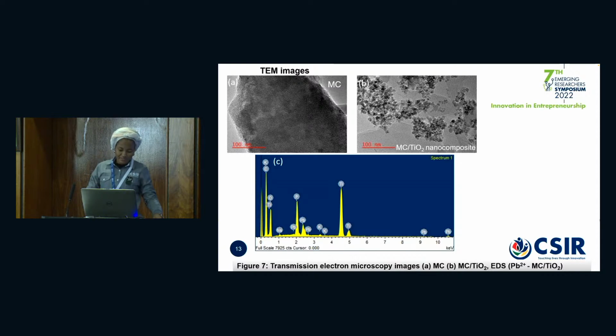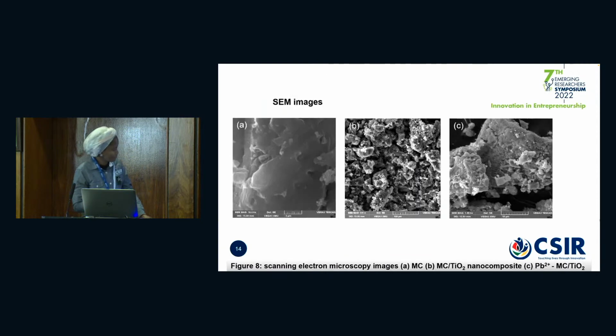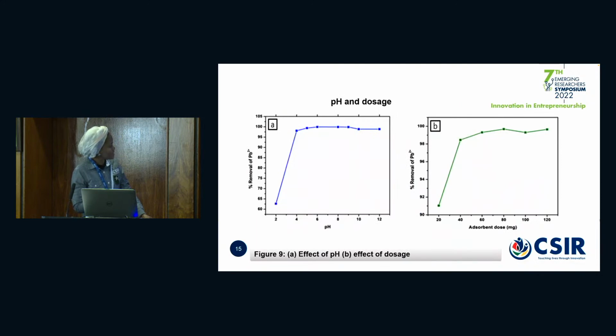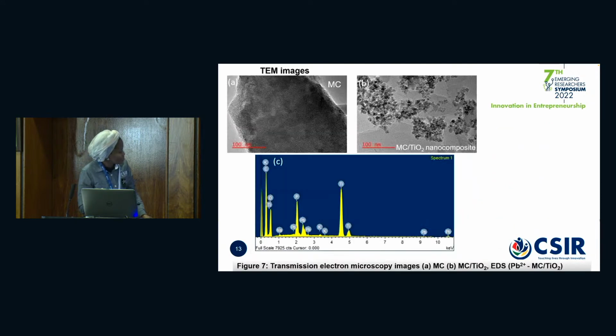So as you can see from the spectrum there, the instrument managed to pick up the lead. It shows that this mesoporous carbon coated with the titanium was able to remove lead in our wastewater.